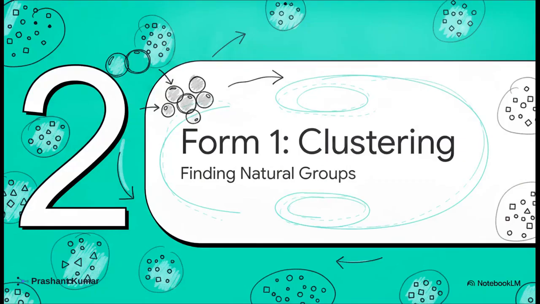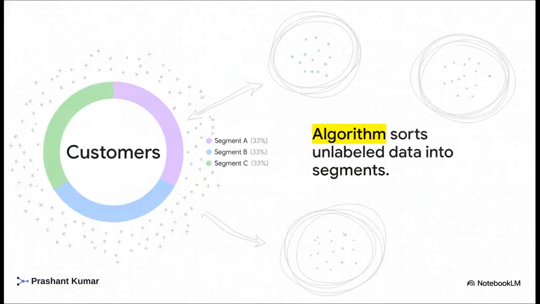Which leads us to part two, form one, clustering, or finding natural groups. Clustering is all about finding natural groupings from completely unlabeled data. So imagine a company takes all of its customers, provides absolute zero labels, and just lets the algorithm sort them into segments. The machine draws the boundaries entirely on its own.